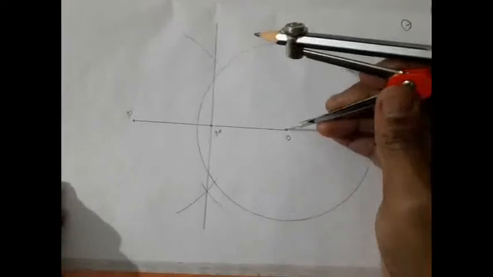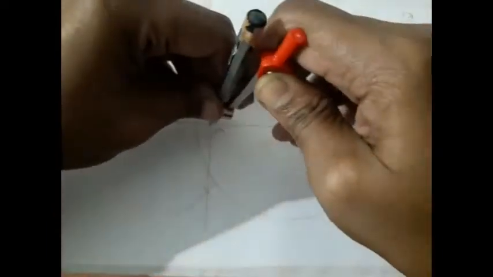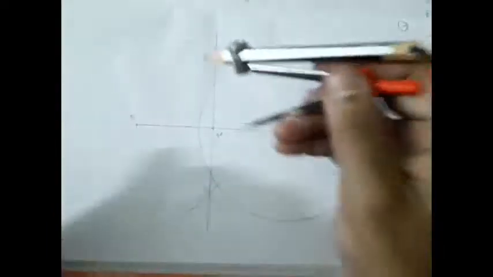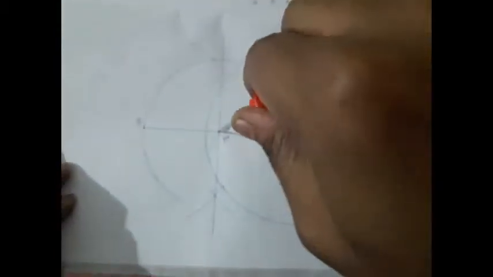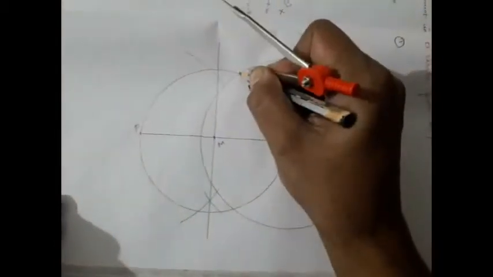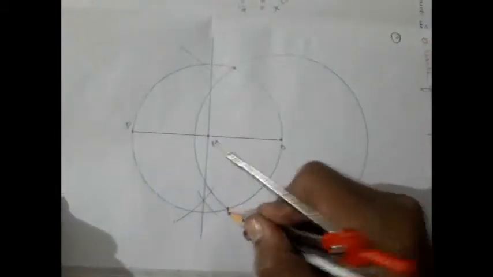Now, taking OM or MP as radius, right? Taking MP as radius, we are going to draw a circle. Now, the newly drawn circle will intersect the old circle at 2 points.